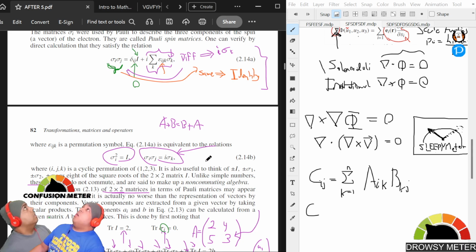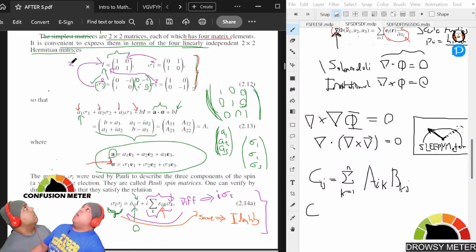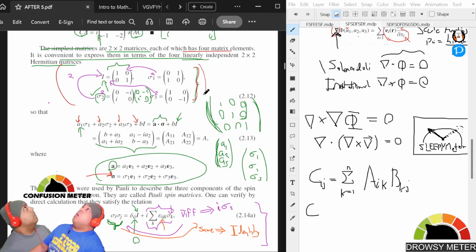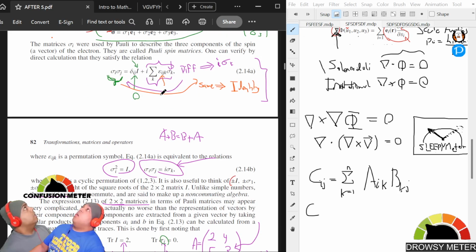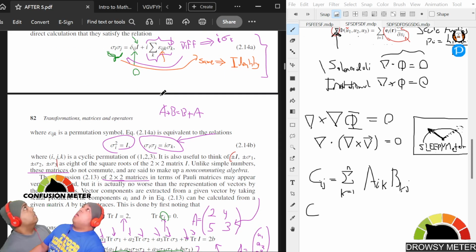Square roots. Like these guys or like these guys? Because I feel like these guys commute, right? This plus this equals this plus, yeah. Hmm.